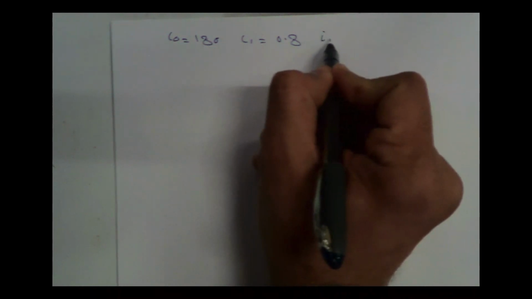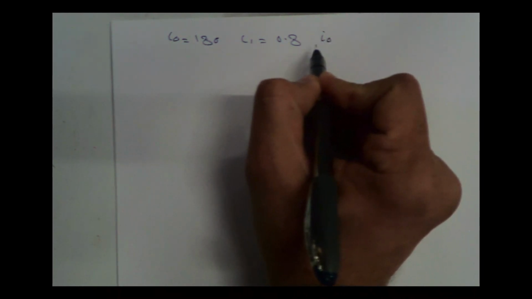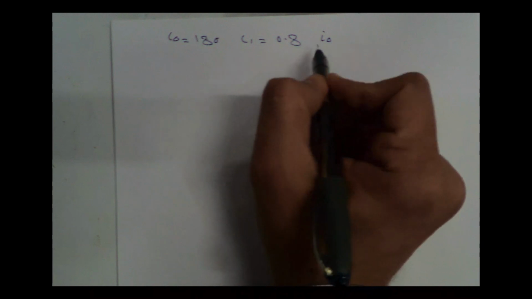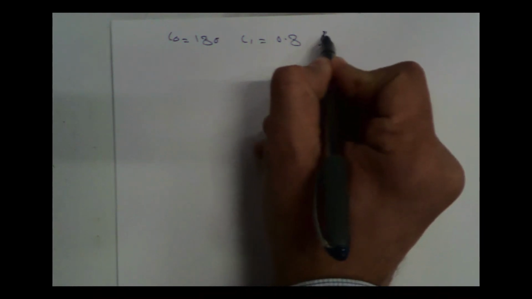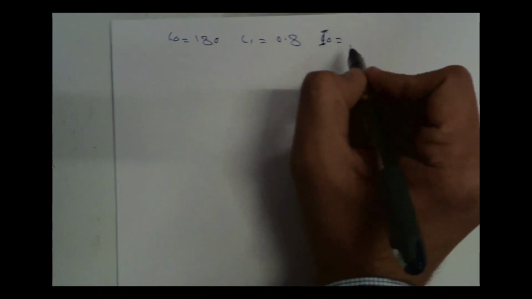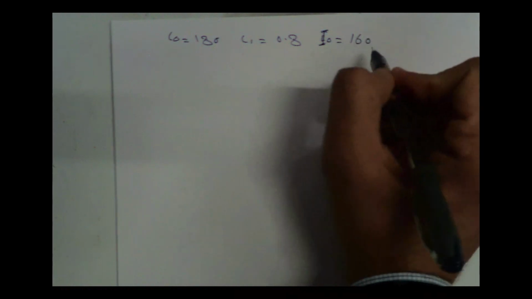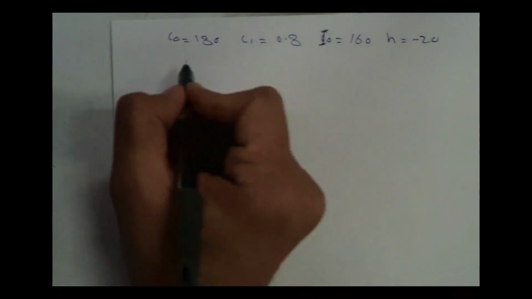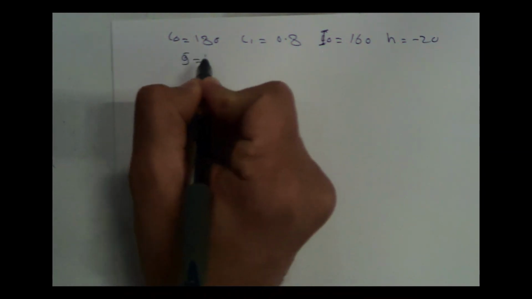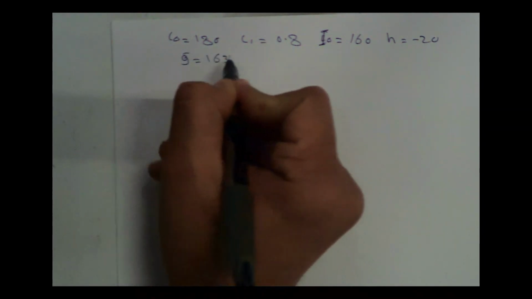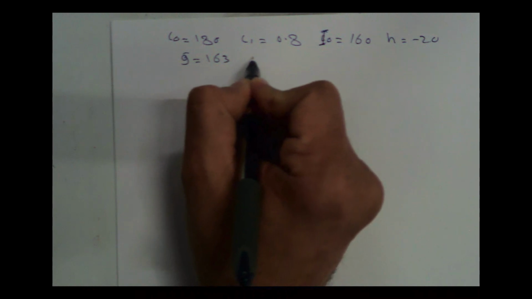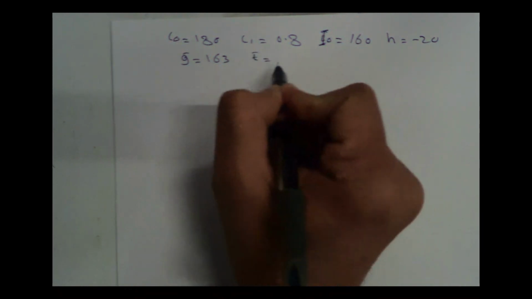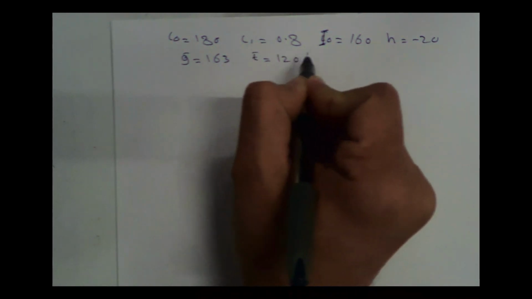I0 is 160, and h is minus 20, G is 163, and T is 120.